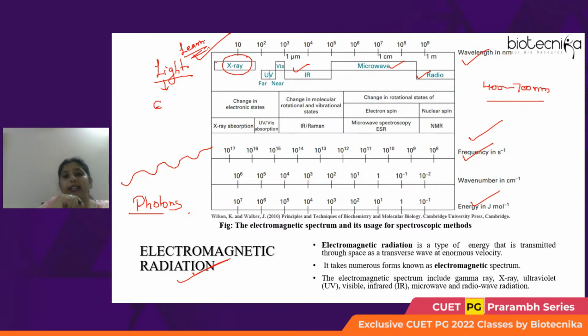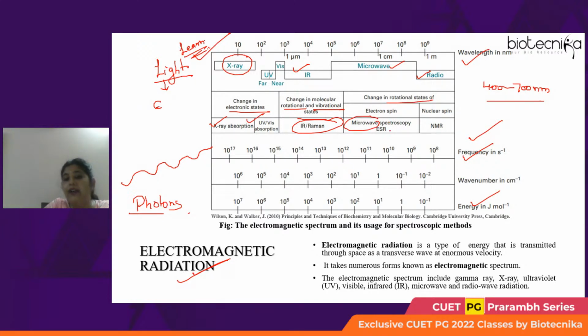Now the question arises, when to use which radiation? It all depends on your aim of study. If you want to study changes in electronic state, please note you will be using X-ray or UV visible radiation. If you want to study rotational and vibrational state, you will use infrared or Raman. If you want to study changes in only rotational state, you will be using microwave.